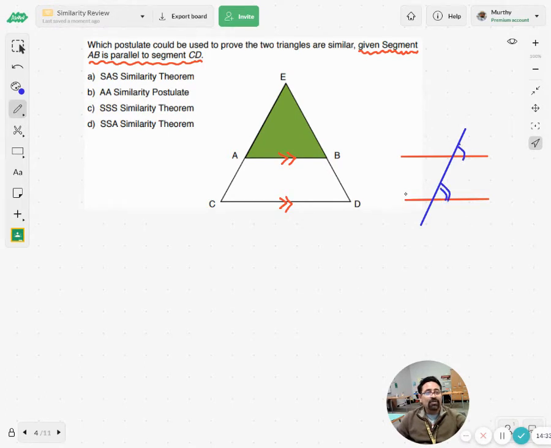These two angles are equal. Why are these two angles equal? Think for a moment. Yes, they are corresponding angles. Therefore, this angle equals this angle. So I can say that, don't say angle A. If I say this is angle A, I don't know whether it is above the line or below the line.